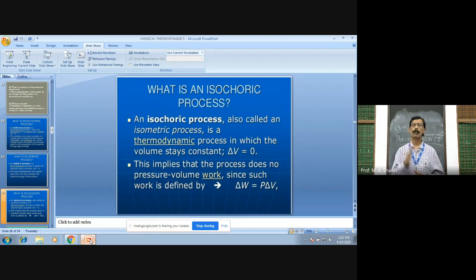All the values for volume are same. Volume is a state function. So how to find delta V? Delta V is equal to V2 minus V1. But when V2 and V1 both are same, what will be the value of delta V? Delta V will be 0. Since volume is constant, delta V is 0. So delta V is equal to 0 is the essential condition for isochoric process.